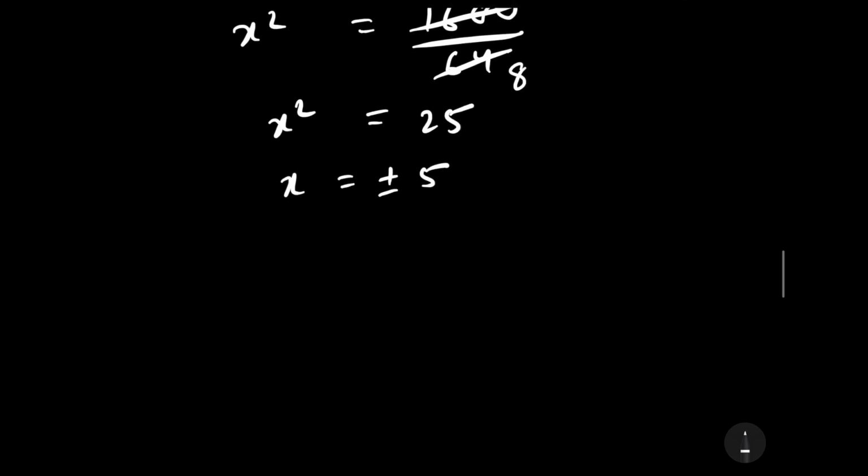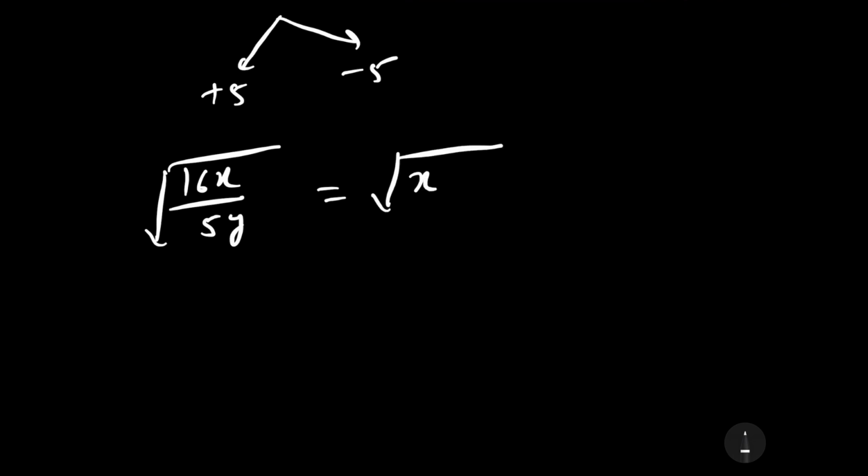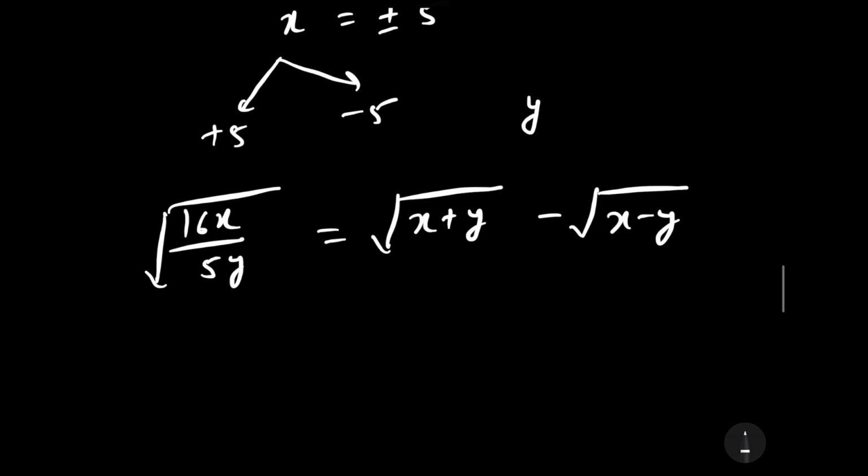Then there are two values of x, one is plus 5 and another is minus 5, but our equation is 16x upon 5y square root is equal to square root of x plus y minus square root of x minus y, and the value of y is 4.